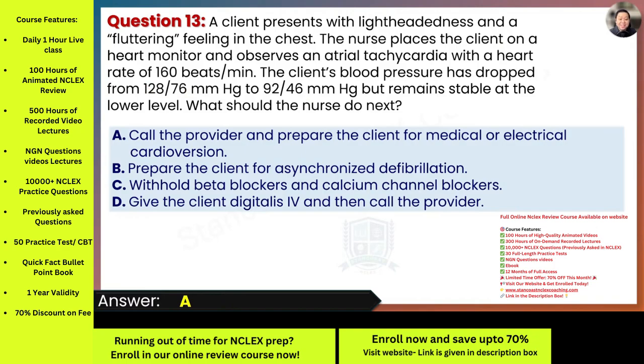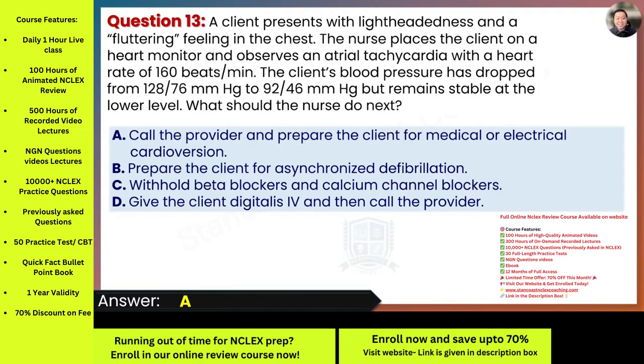And this actually indicates some level of hemodynamic instability due to the rapid heart rate. And the combination of the symptoms here, the tachycardia and the low blood pressure, actually suggests that the heart rate is not only abnormally high, but it's also insufficient to adequately maintain the cardiac output.